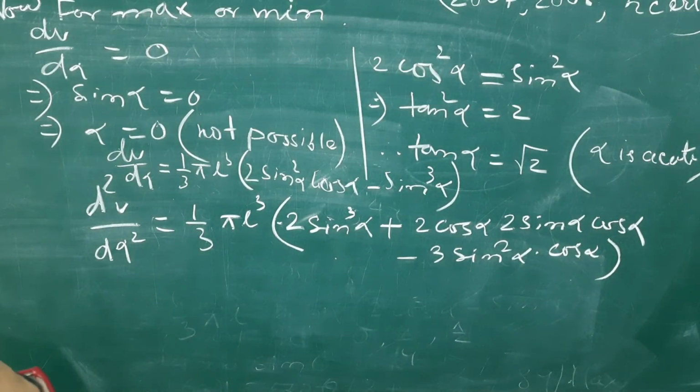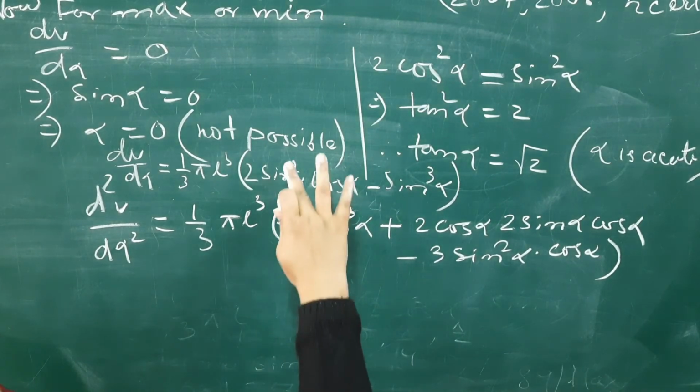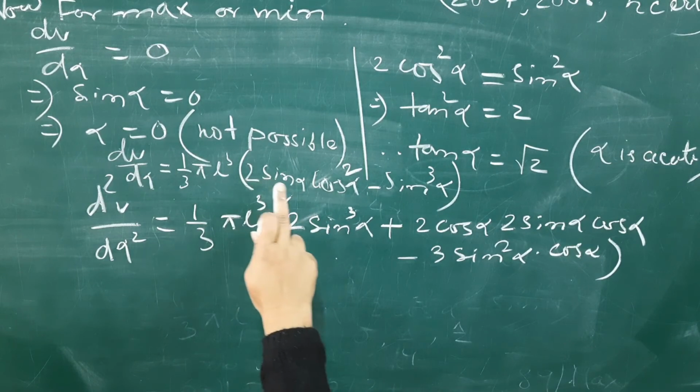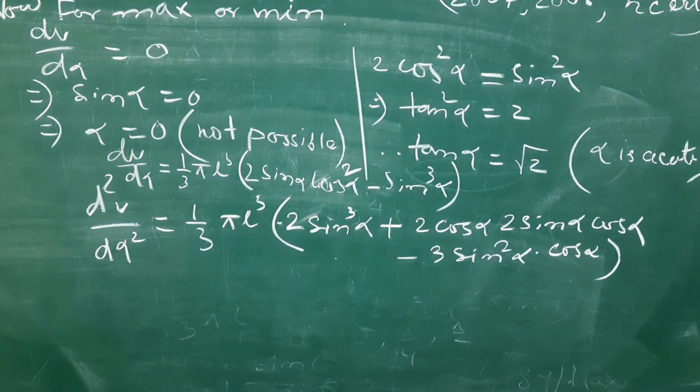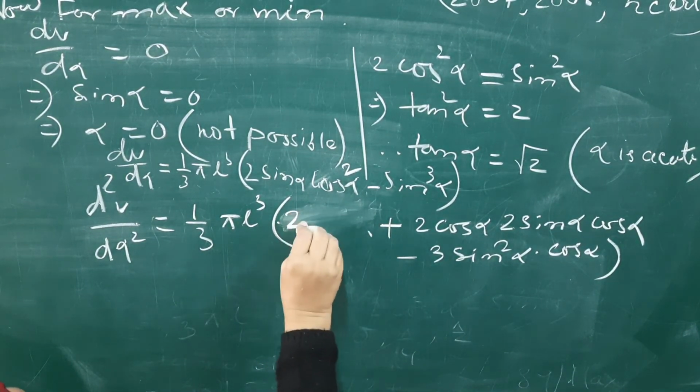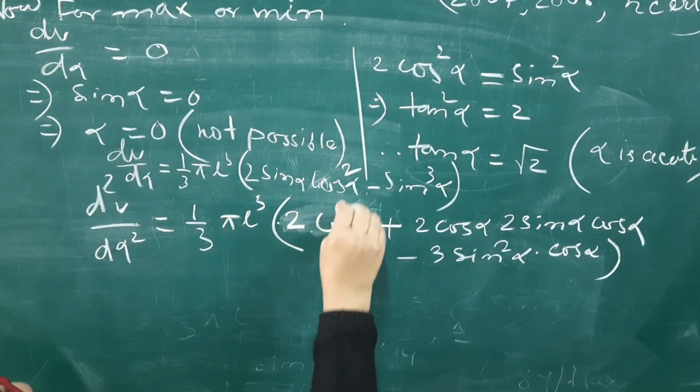Just let me check it once more. It is first part, what was there in the first thing, 2 sine alpha cos square alpha. Just I had a mistake here, sine square I had written, this was square. So 2 sine alpha cos square alpha. Here cos square unchanged, then derivative of sine alpha it will be 2 cos cube alpha.